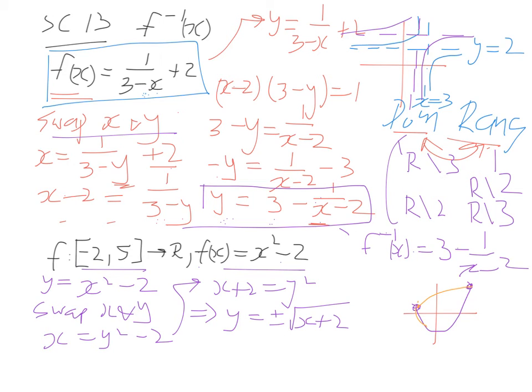Now, we have a problem in that if we were to do a vertical line test, so f negative 1 of x equals plus or minus the square root of x plus 2, we have it crossing twice, so we can't call it a function. So we may have to restrict the domain first. In which case, for a parabola, we restrict the domain at the turning point.